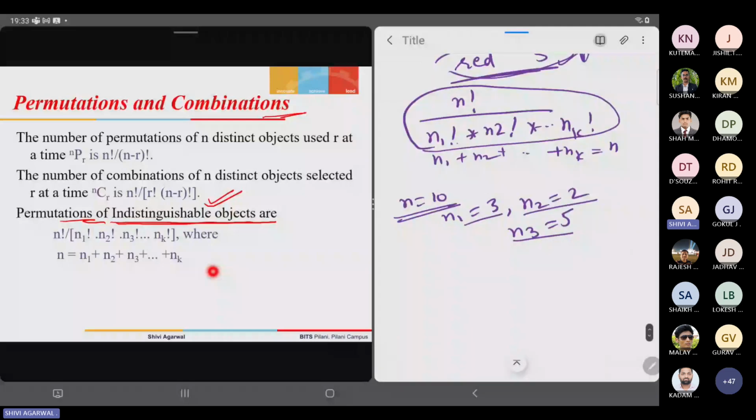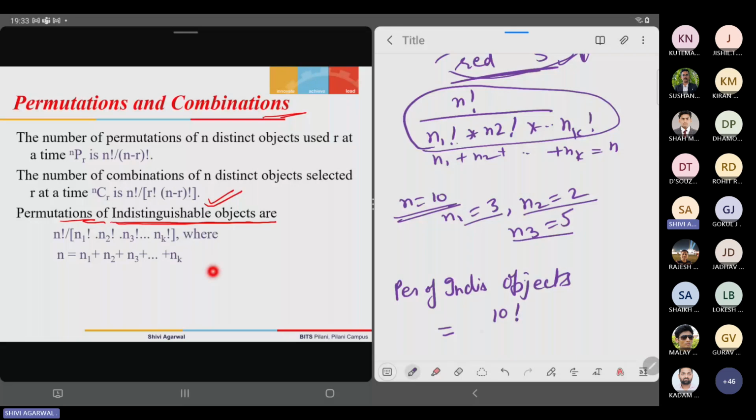So how can we find the permutation? The permutation of indistinguishable objects is equal to what? It will become 10 factorial divided by 3 factorial multiplied by 2 factorial multiplied by 5 factorial.